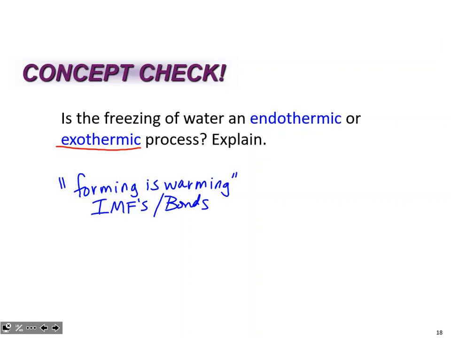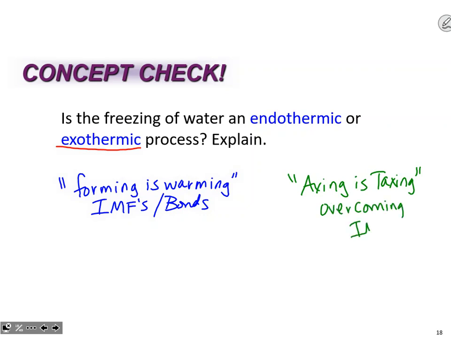Okay, the opposite is true then. This is the phrase we like to use: axing is taxing. So overcoming IMFs or breaking bonds is going to do what?